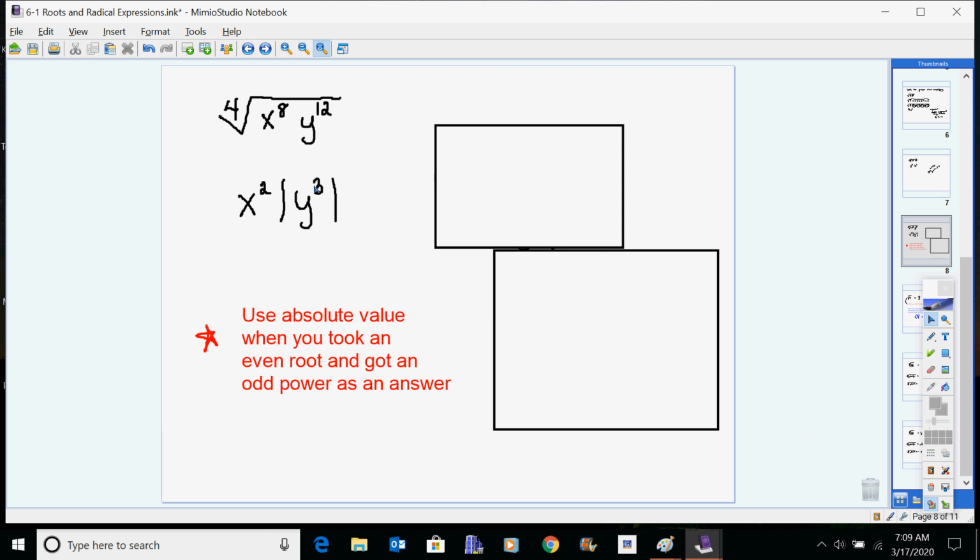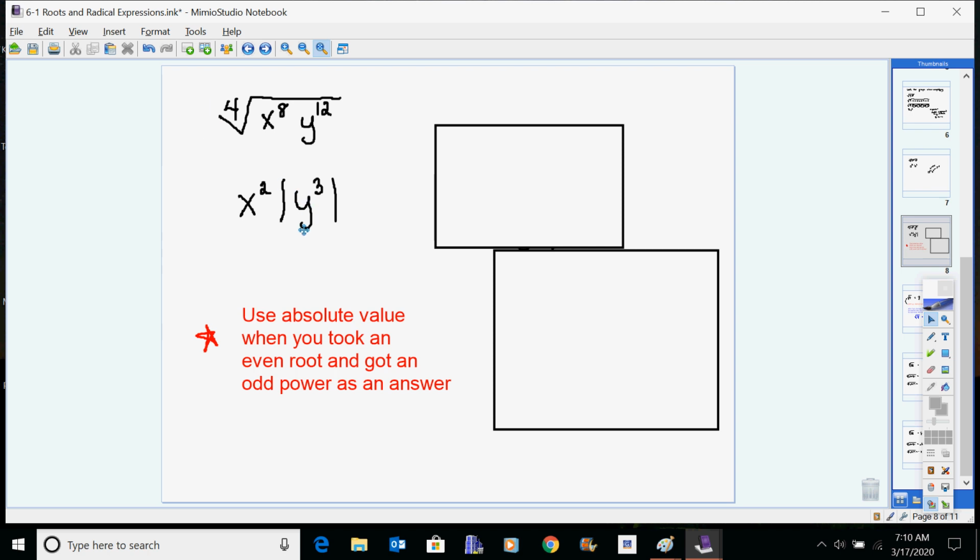when you are thinking about the y cubed, if y was a positive number, then cubing it would keep it positive. But if y were a negative number, then it would turn it into a negative when you cubed it. But we want the principal square root, in other words, the positive square root here.